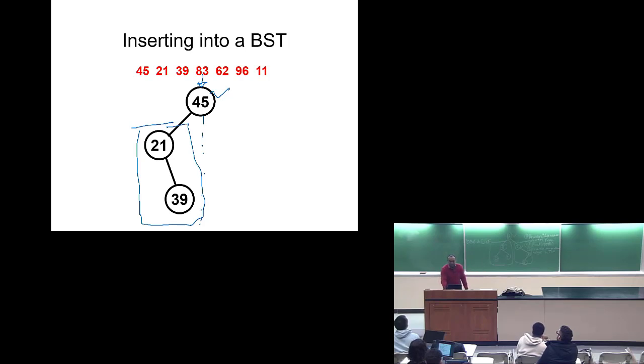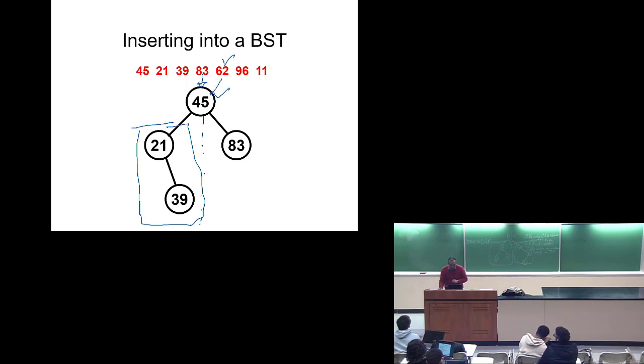Okay. Now we will add 83. Where should 83 go? Compare with 45, should go to the right. Fine. So since there was nothing on the right hand side of 45, we could plug it over there. Good. Now after 83, we have the next node, which is 62.